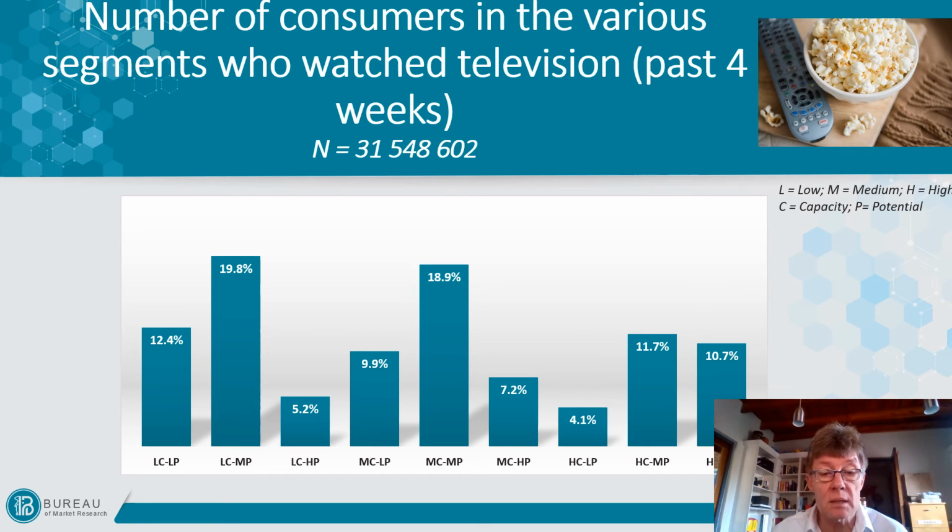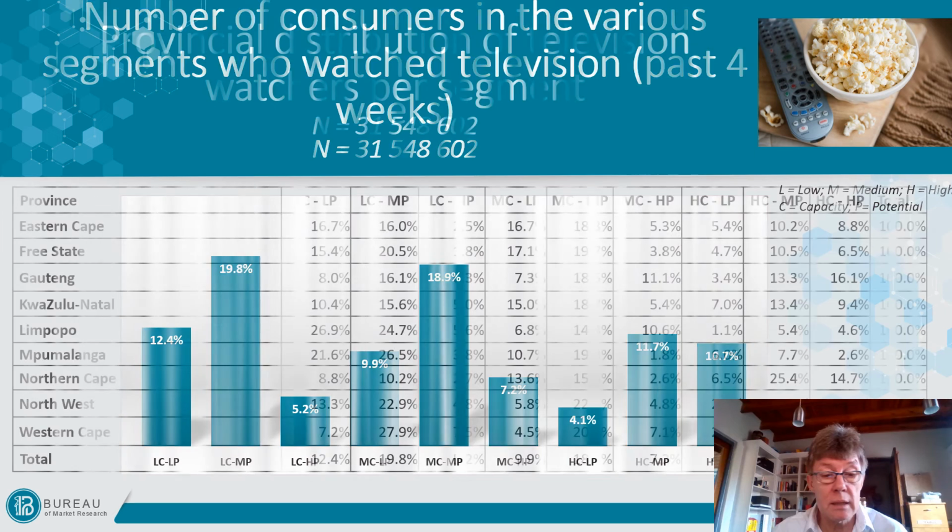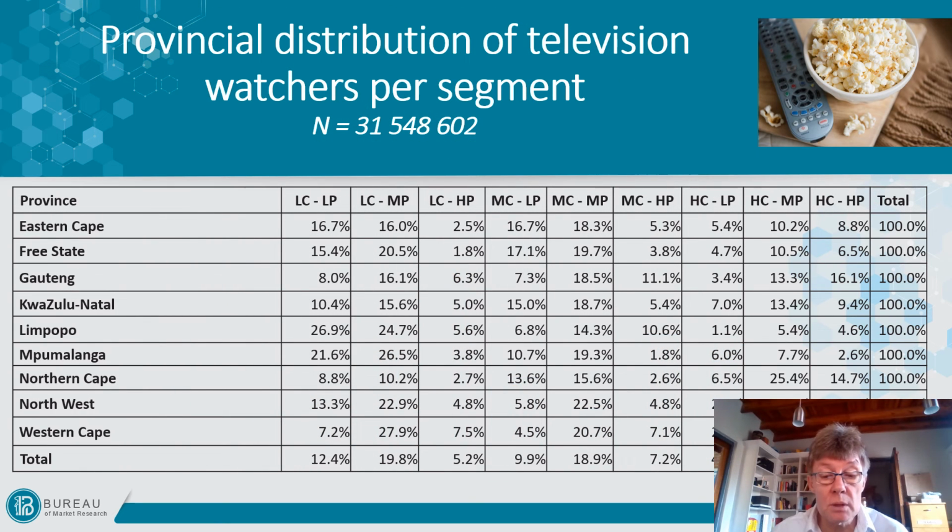And when you look at the figures, you will notice, for example, that of your population here, between the ages 15 plus, that's just at about 43 million, about 31 million of them, about 3/4 actually watch television on a continuous basis. When you look then at the provincial distribution of this, you will notice that it's right throughout the spectrum that there's high television watching.